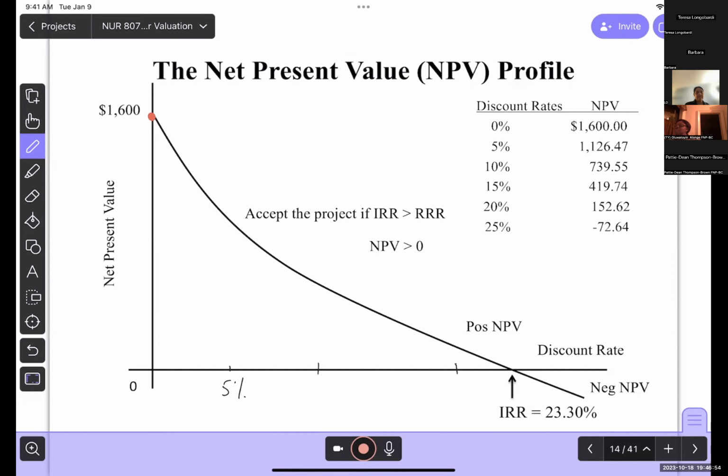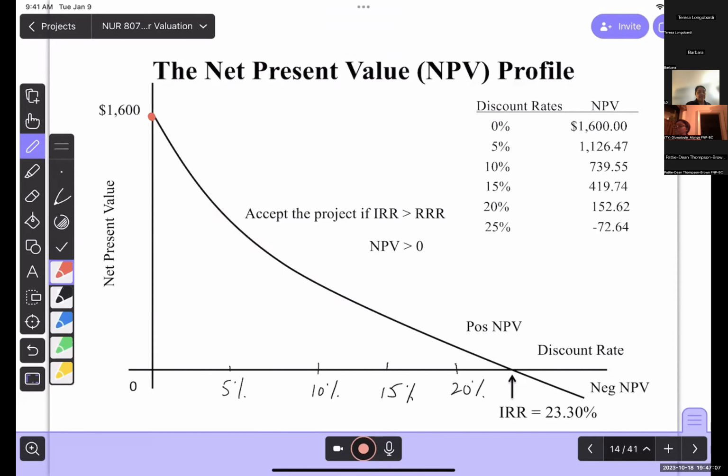This is 10%. This is 20%. This is 15%. And basically we found those values, and the way the function works, it's a smooth curve that goes down. And then it hits here where NPV is 0.